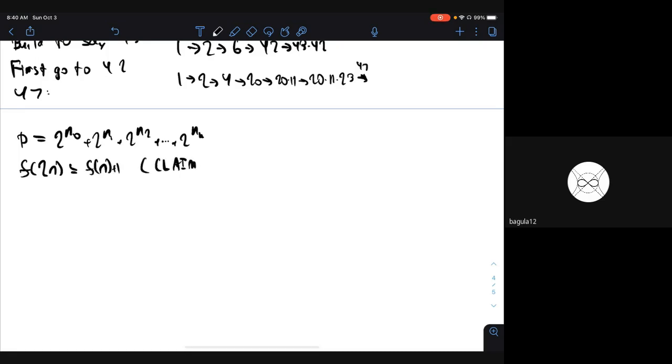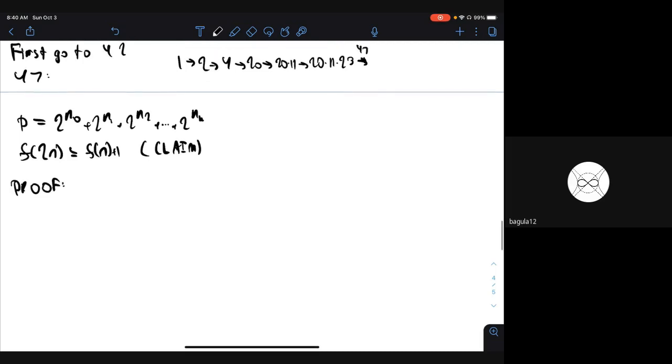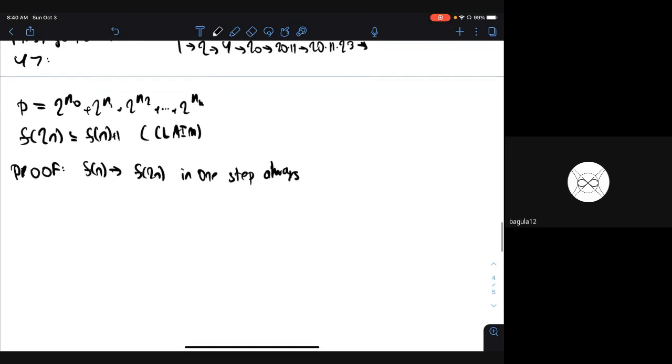Claim that this is true, since 1 is always a divisor, from f of n you can always multiply by 2 to get to f of 2n. This is fine?